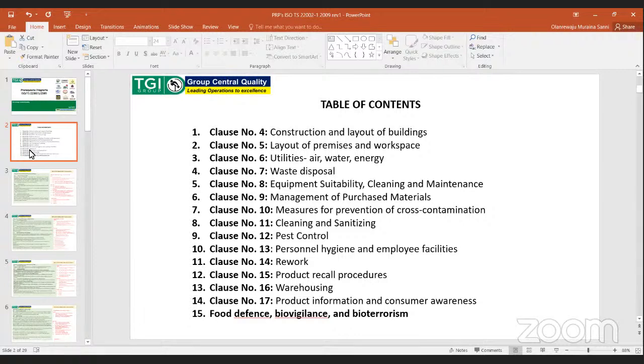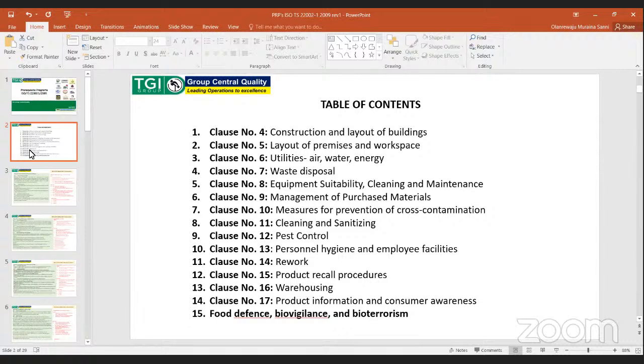But if you look at the standard, this is what we are going to find. The requirements from 1 to 3 are all about definition, explanation, scope, and everything. But the requirements we'll be looking at start from clause number 4.